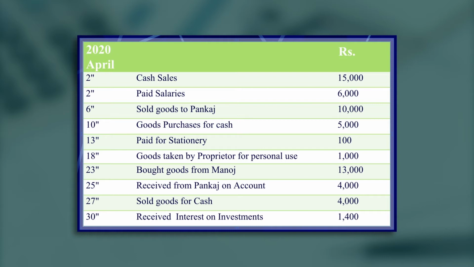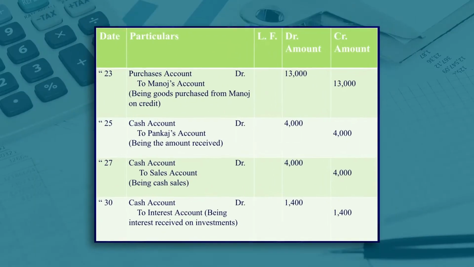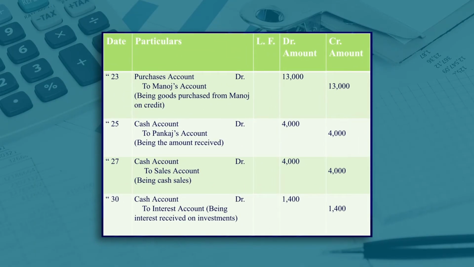Nothing has been mentioned whether the goods have been bought from Mr. Manoj on cash basis or on credit basis. Therefore, we will presume that the goods have been bought from Mr. Manoj on credit basis. So here the journal entry would be purchases account debit to Mr.